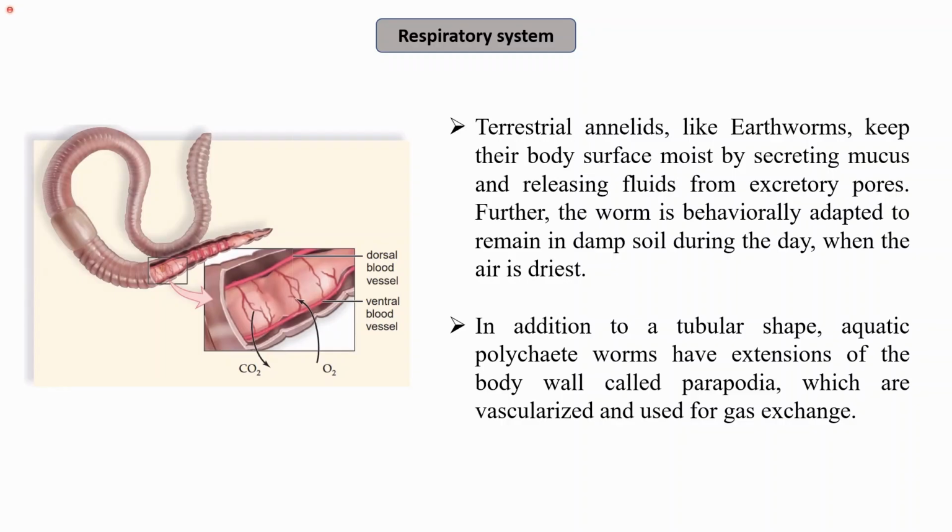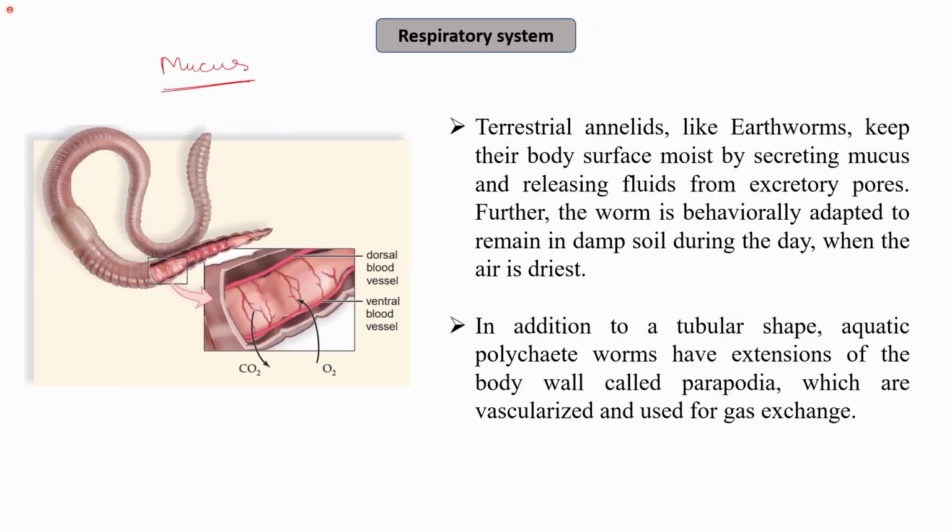In the earthworm, you know that terrestrial annelids like earthworms keep their body surface moist. If you have seen earthworms, you will have noticed that they are really moist due to the secretion of a component called mucus.